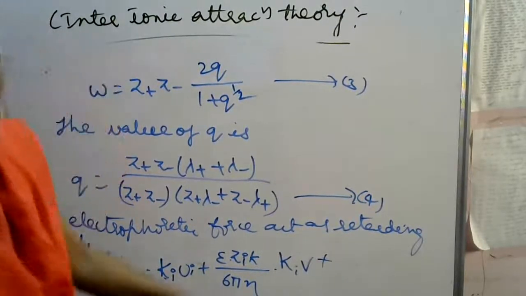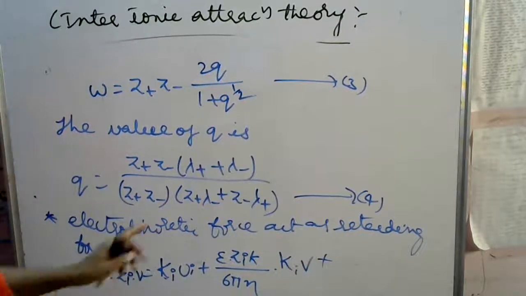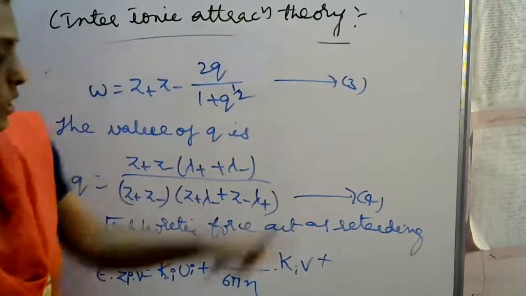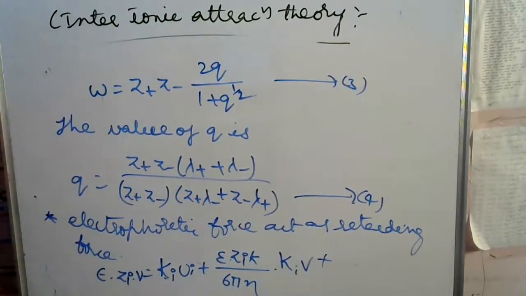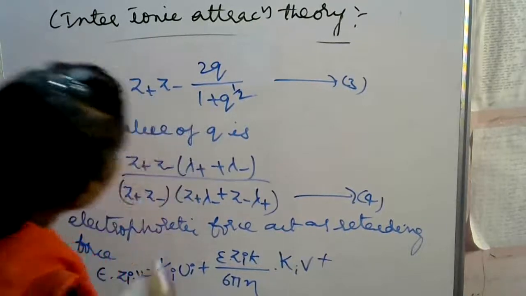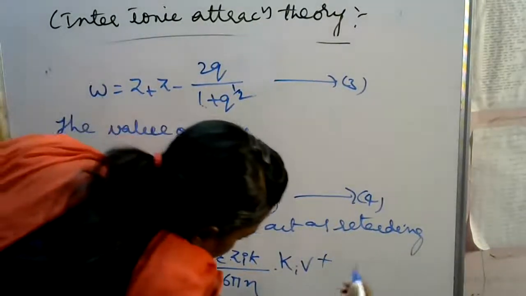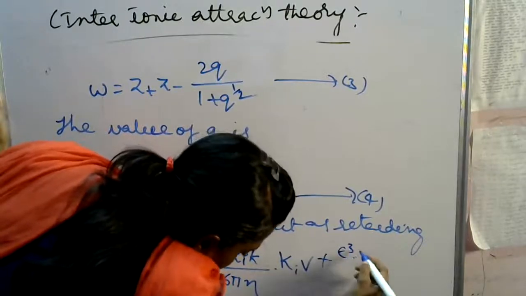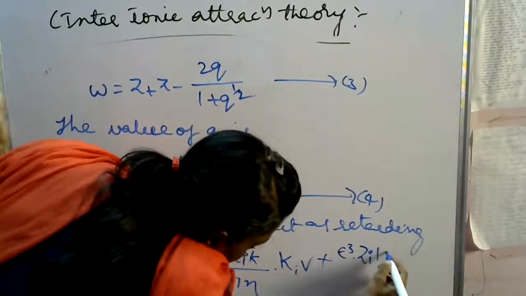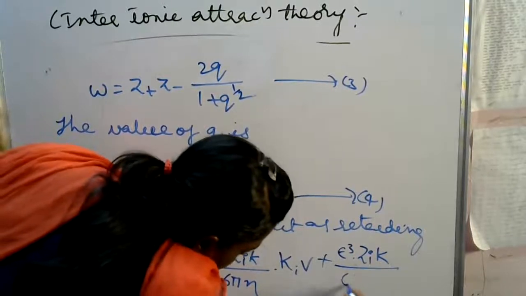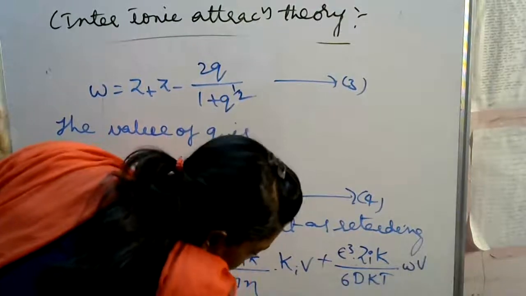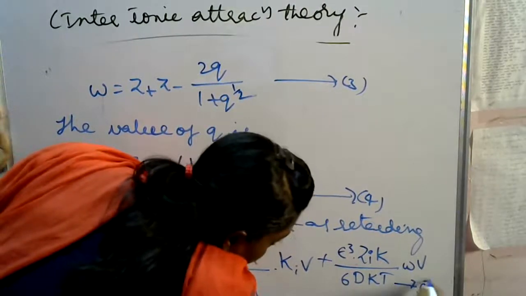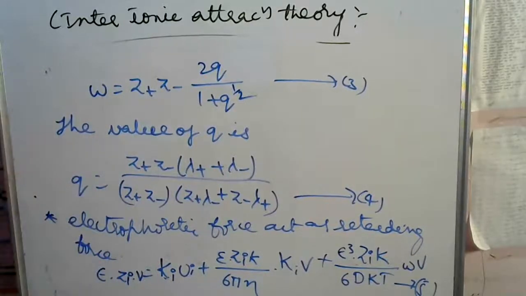We have to add both effects, which are the ionic attraction theory and the electrophoretic theory. This is the electrophoretic term, and from the ionic attraction theory we have epsilon cube z_i k by 6 DkT omega V. This is equation 5.